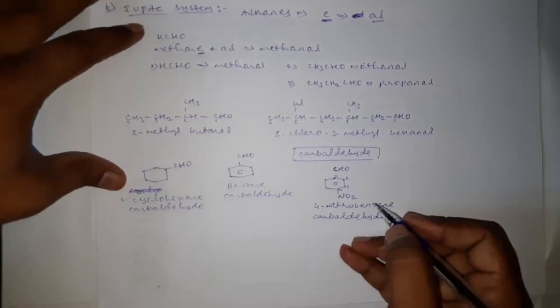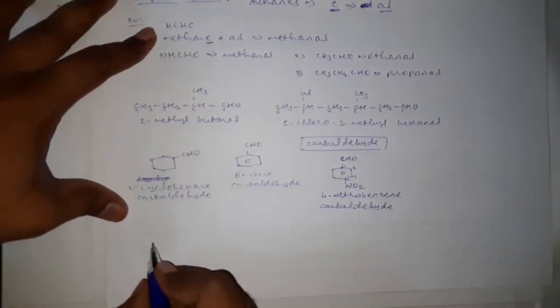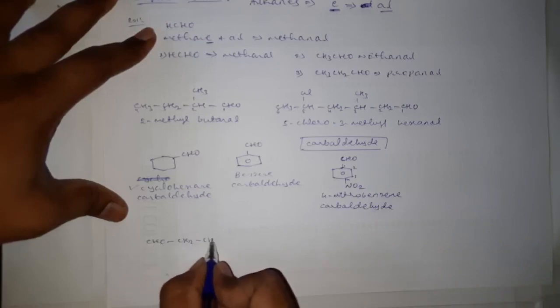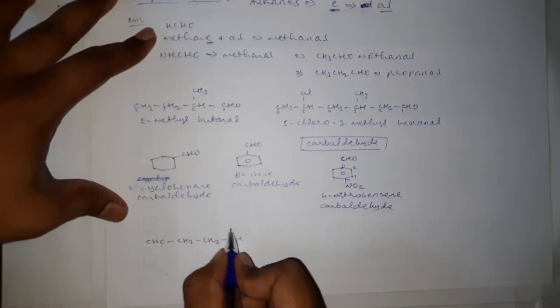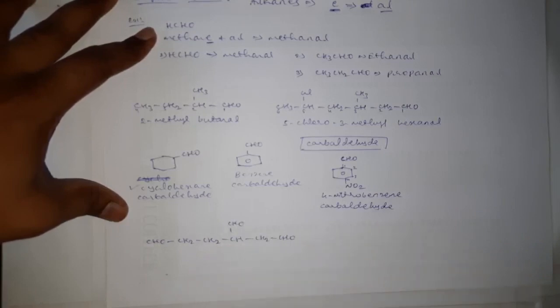Okay, and if more than one aldehydic group is there, take for example this one: CHO, CH2, CH2, CH, CHO, CH2, CHO.